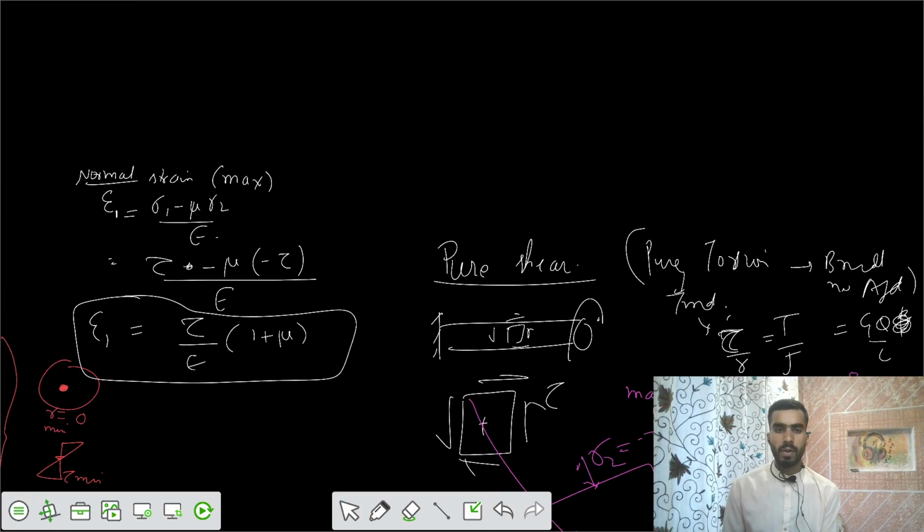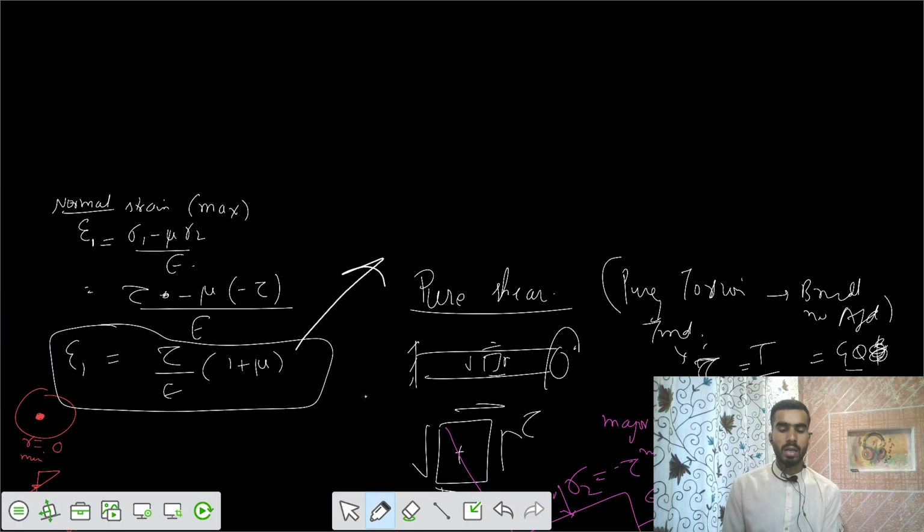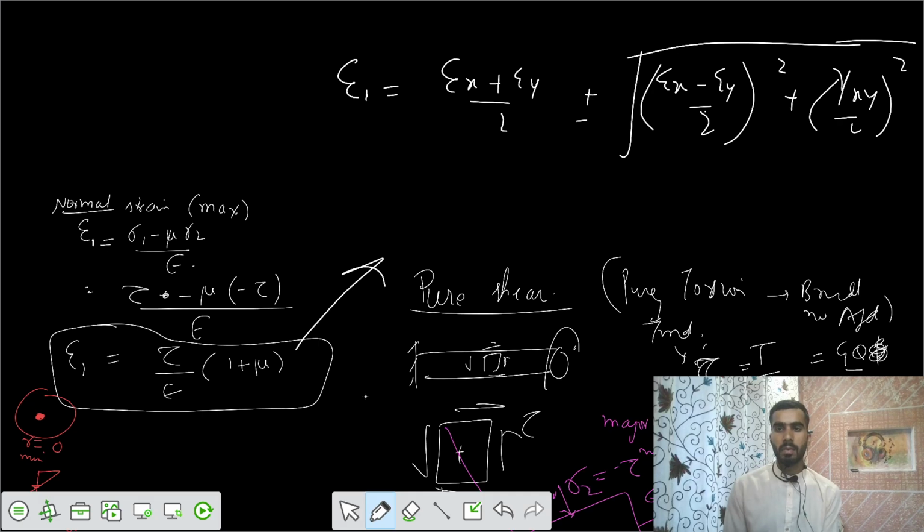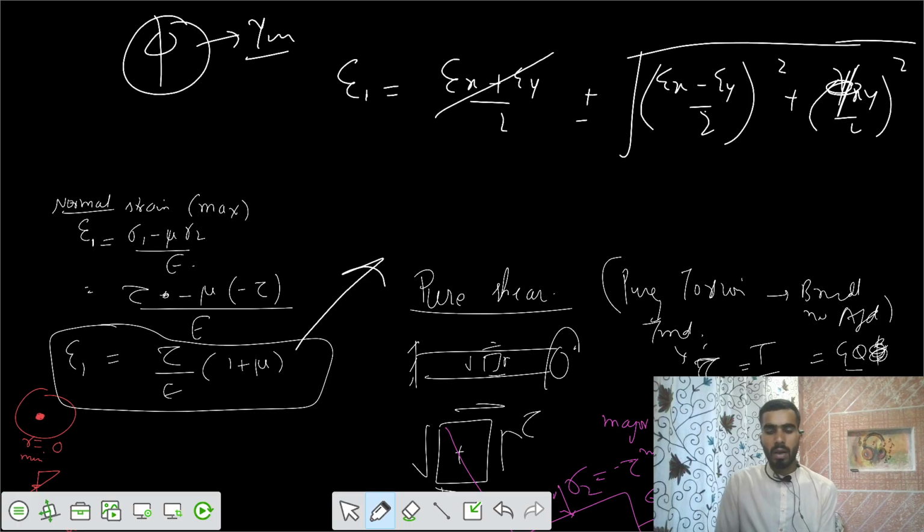Now, if I use the second equation of normal strain, we have E1 equals EX plus EY by 2 plus minus root of EX minus EY by 2 whole square plus gamma XY by 2 whole square. If I write gamma in terms of phi, because we are dealing with phi now, we take phi as the shearing strain, so phi XY by 2.